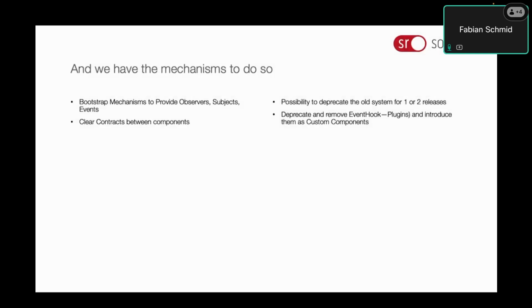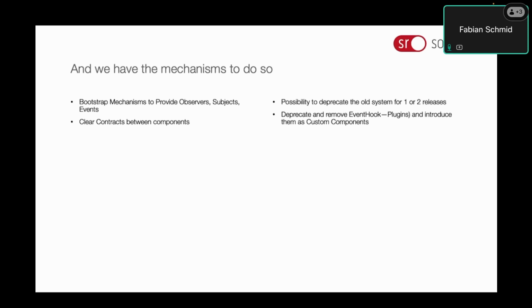And we now have the mechanisms to do so. As I said, currently you have to register in this module XML. This gets parsed, this gets written inside the database or maybe an artifact now, but we now have a mechanism to do so during build time. That was the presentation we made one or two hours ago about component provision.